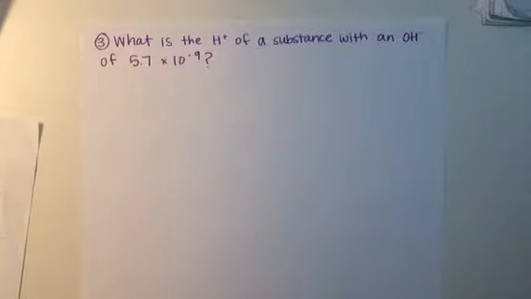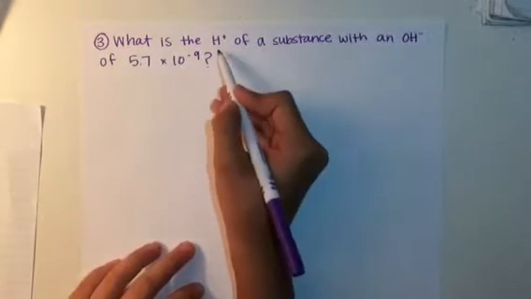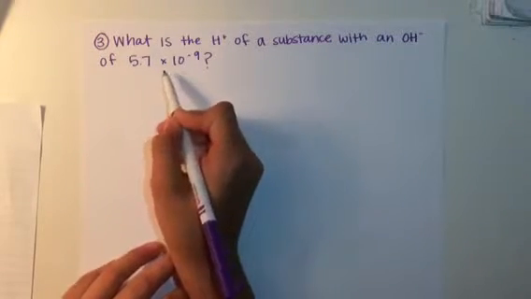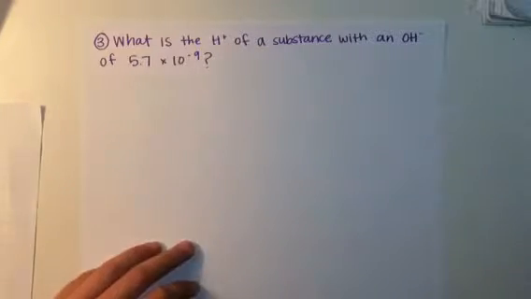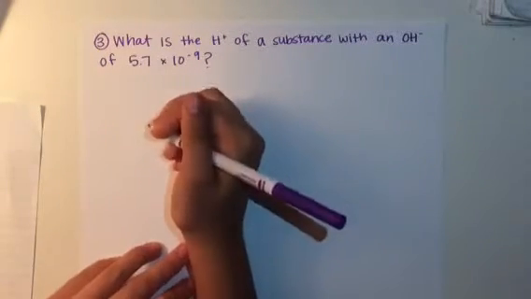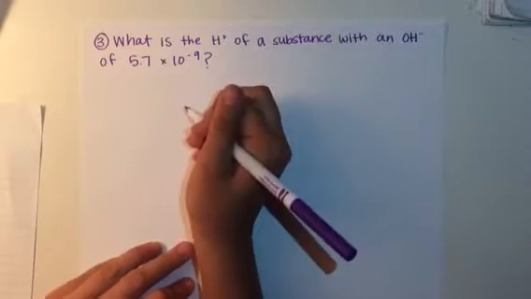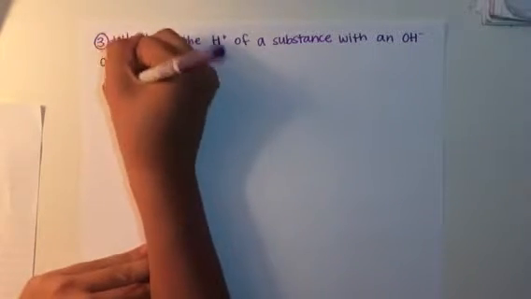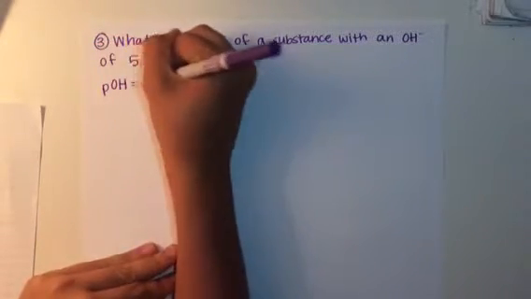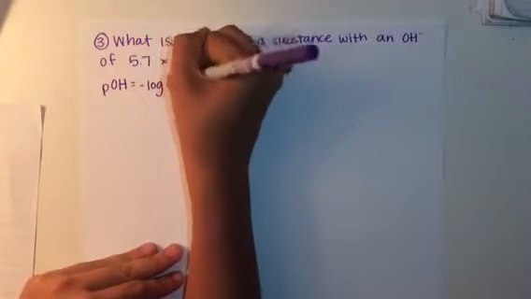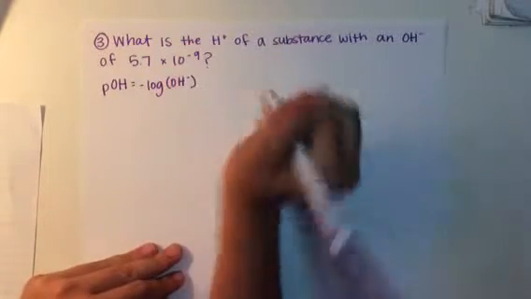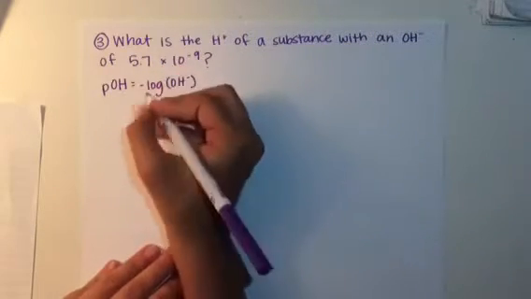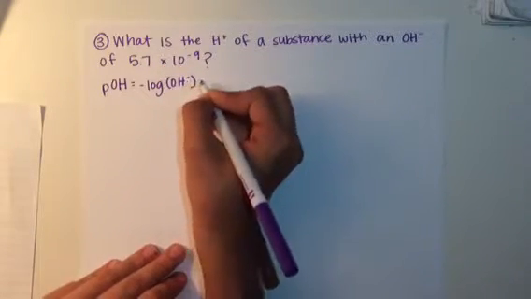Okay, now moving on to example 3. What is the positive charge of a substance with an OH charge of 5.7 times 10 to the negative 9th power? So the first step we take here is the same formula that we use for pH. So it's going to be pOH equals negative log times OH minus charge, which is the same formula as for pH, except it's pH equals negative log times H plus.